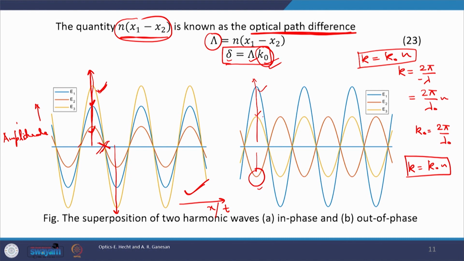Therefore, if you sum these three waves, the resultant will be reduced as compared to the first case. Therefore, we can say that wave E2, represented by red color, is out of phase with wave E1 as well as wave E3, while in the left figure all three waves E1, E2 and E3 are oscillating in phase, while in the right figure E2 is oscillating out of phase while E1 and E3 are in phase.